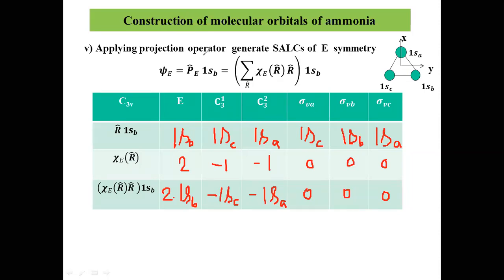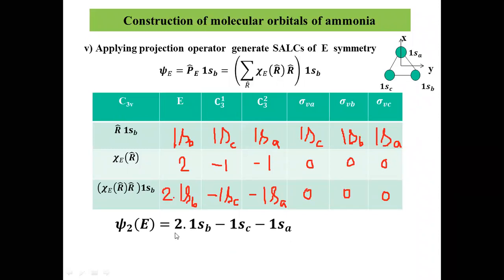If I do it, that is 2 into 1s B function minus 1s C minus 1s A. Just be vigilant that the last function we did, using 1s A, was 1s A minus 1s B minus 1s C, and this one, when we started with 1s B, is going to be 2 into 1s B minus 1s C minus 1s A.